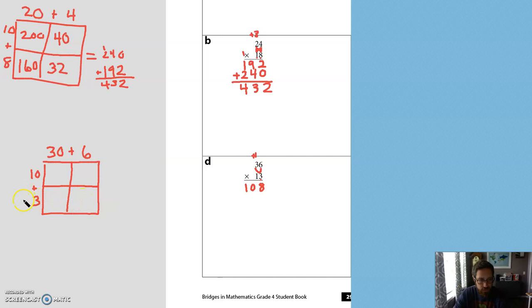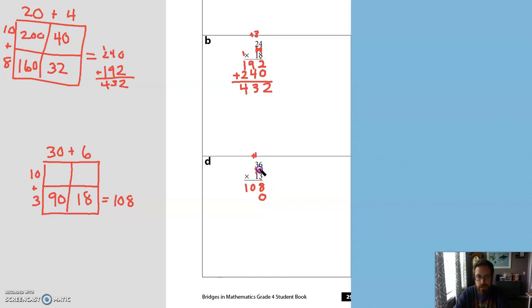Really what I did was I focused on this 3 here, so 3 times 6 is 18, 3 times 30 is 90, and if I added these two together, that would be my 108. Okay, now I'm going to the next place value. So the first thing I do is when I drop a line, I put a 0 there because now I'm multiplying by the tens place.